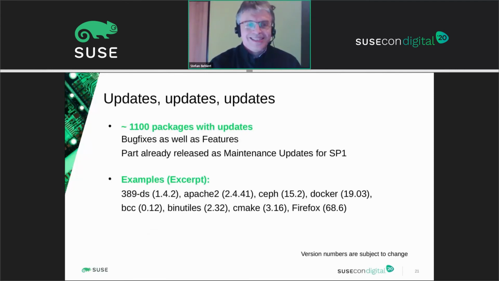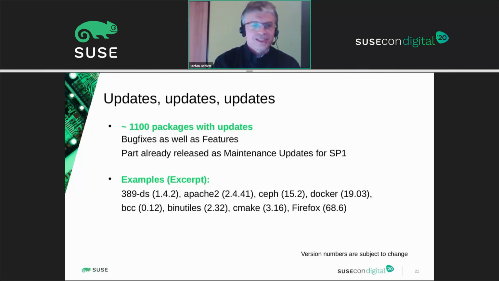So, literally several hundred packages also got updated. At the point of time currently, we have roughly 1,100 packages that saw updates. Some of them are maintenance updates that have been released since SP1. Some are new bug fixes, some are new features. So you see quite some changes here, and it would really blow up that presentation if I would go into all of those.